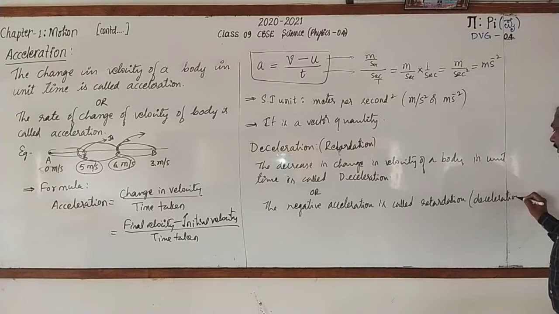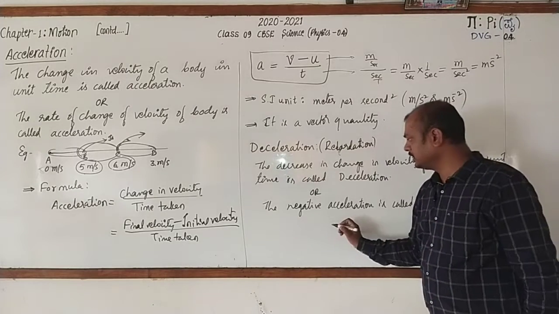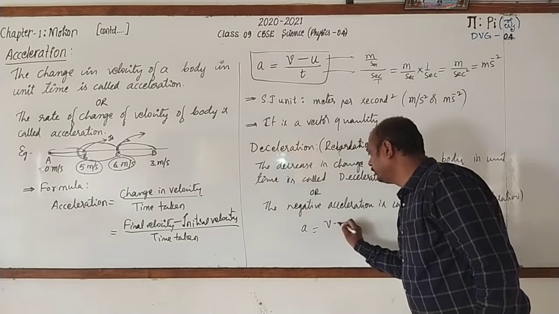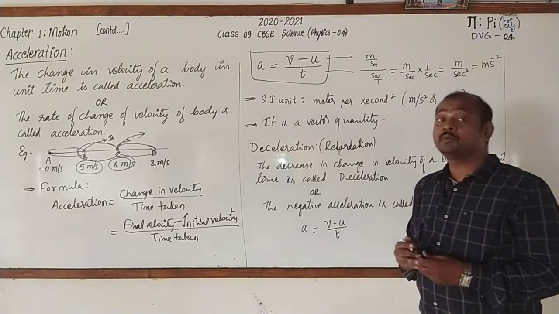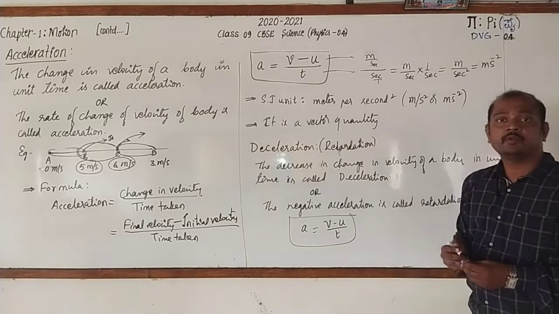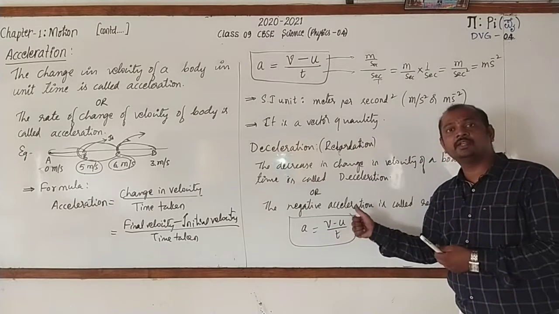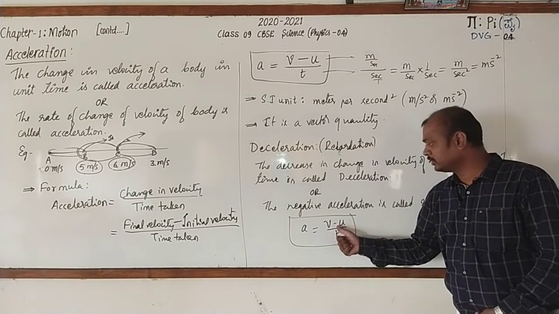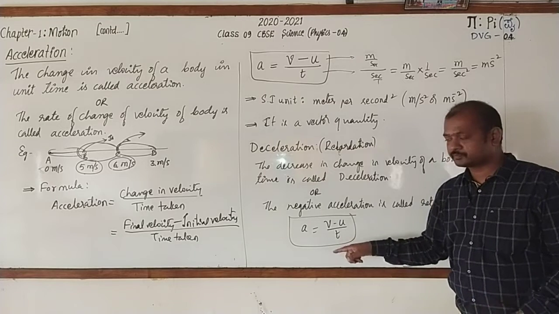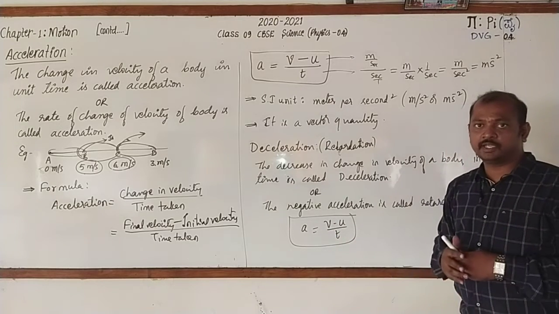Then what about the formula? The formula will be the same, that is a equal to v minus u by t. But the only thing is, here the final velocity will be less and the initial velocity will be more. So that is why you will get a as negative. Clear?